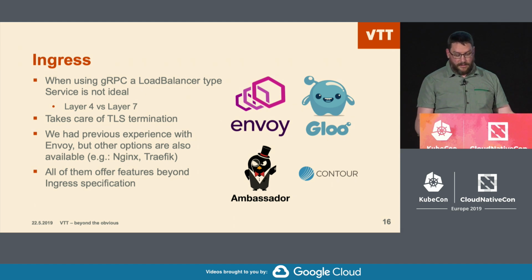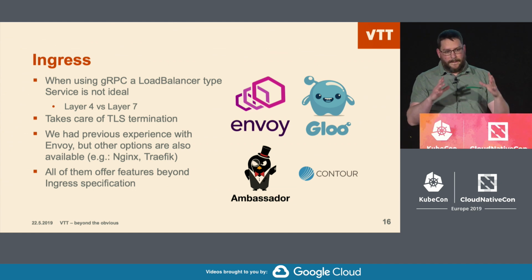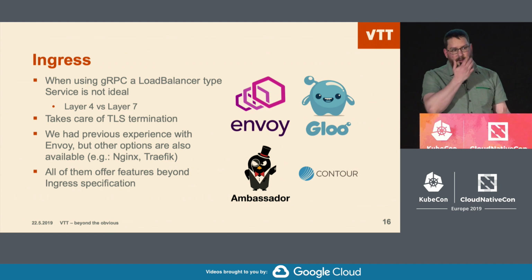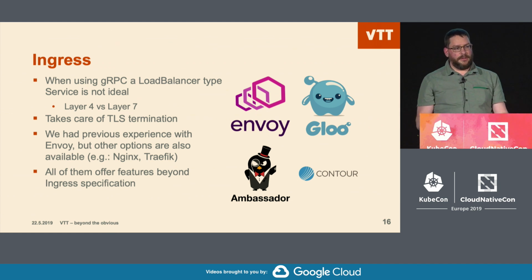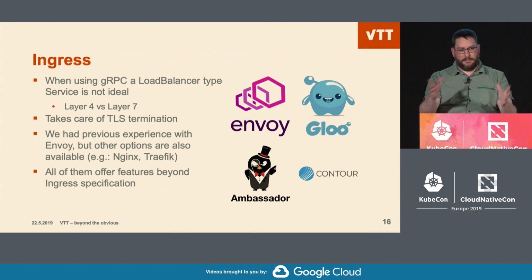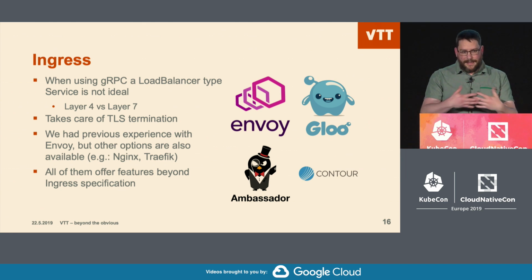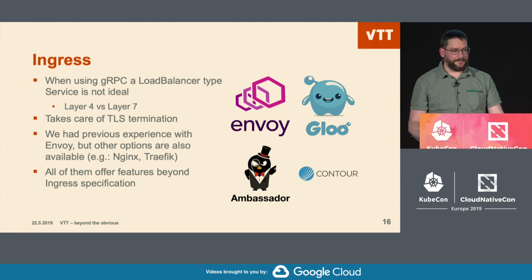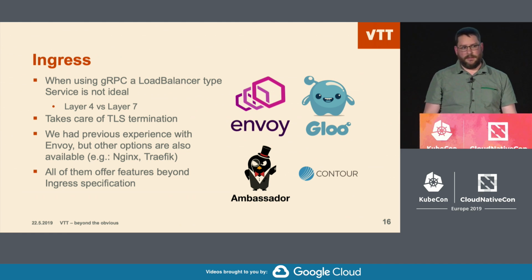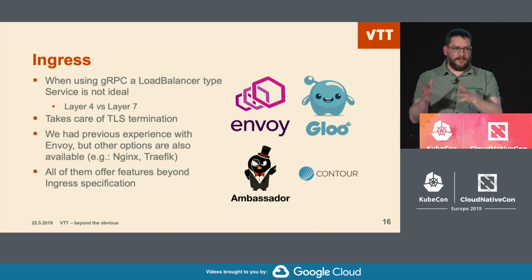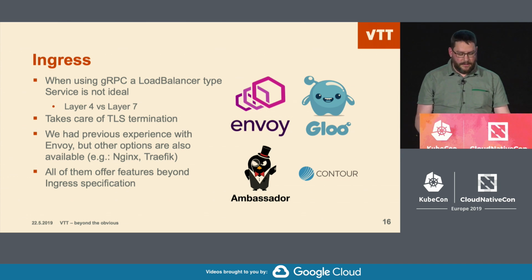And Contour has a hierarchical configuration system where you can define the basic stuff in the default namespace, and then you can delegate part of the Ingress tree into different namespaces, so you don't need to give rights to all of your users to manipulate the root Ingress object, but you can give them rights that inside this namespace you can define your own, and then it will always appear under this path or things like that.